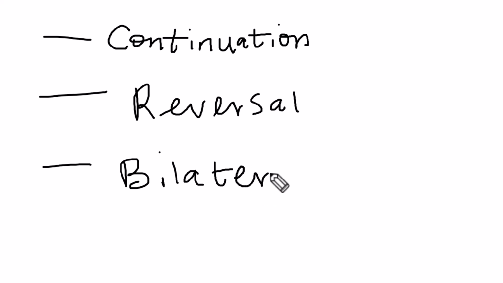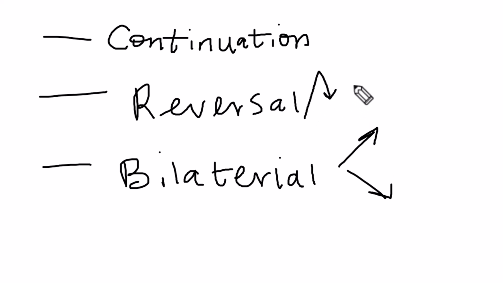When something is bilateral, it means it can either break to the upside or break to the downside. That means it has two possibilities. When something is reversal, it either reverses the uptrend to a downtrend or the downtrend to an uptrend.